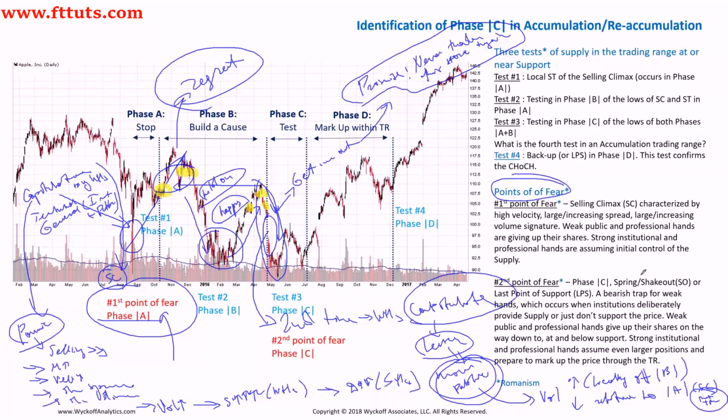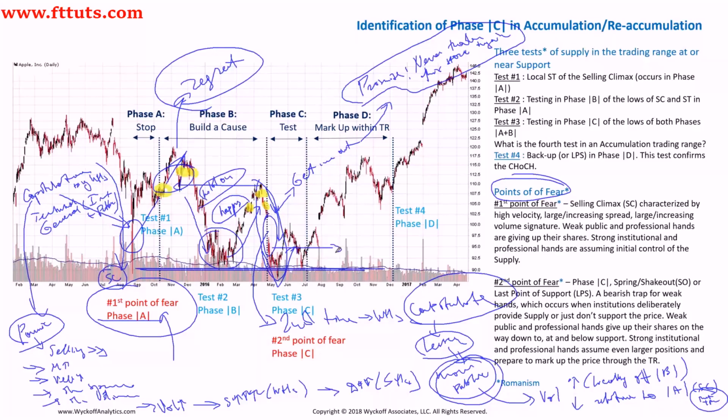Because if you could see this logic through the chart, and you could understand that with the public capitulating here going into phase C, and we're seeing that on the technical picture, the price goes down, but then quickly comes back. You might be thinking this is the last time the public capitulates, and the last time at the support level where institutions are actually buying a meaningful position, and they add into the position that they've already had.